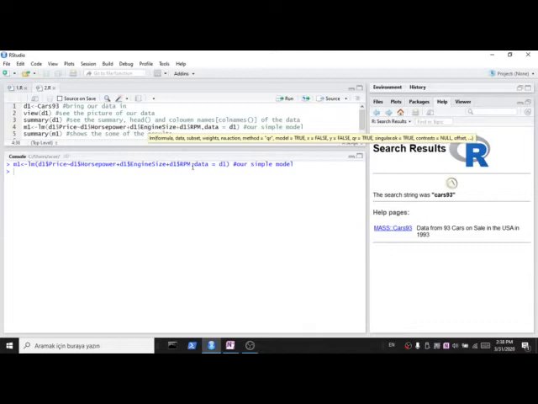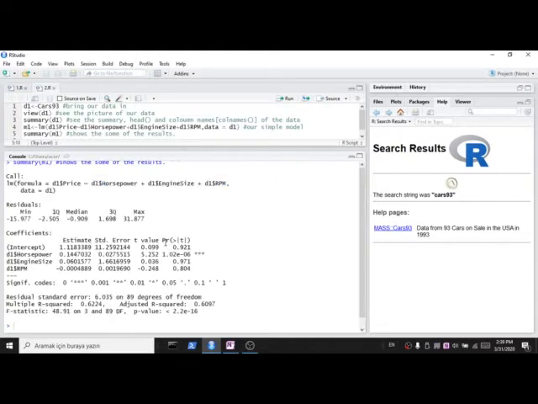Okay, now we have our model in the environment, and we can bring the summary of this model with summary(M1). Let's run this. Okay, so our formula is this: price is dependent on horsepower, engine size, and RPM.